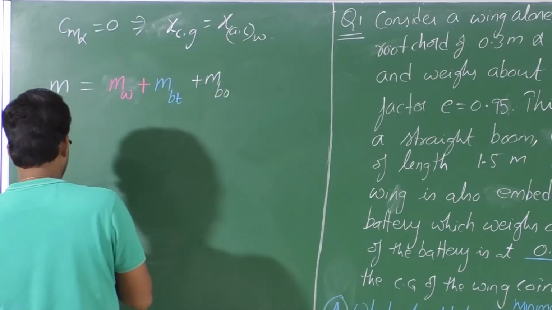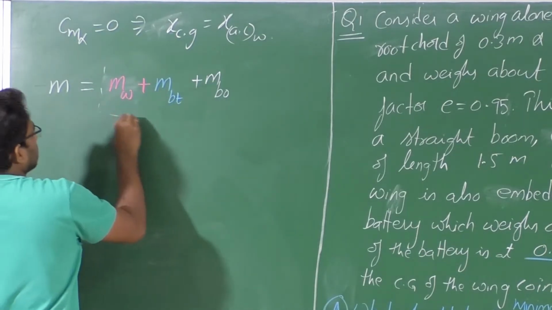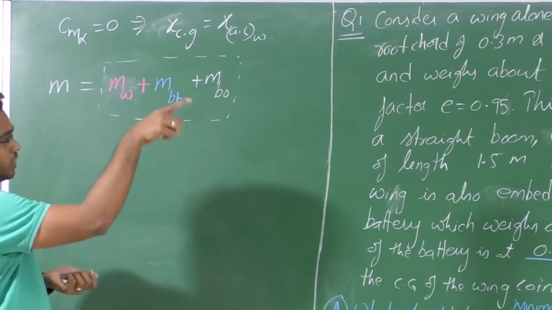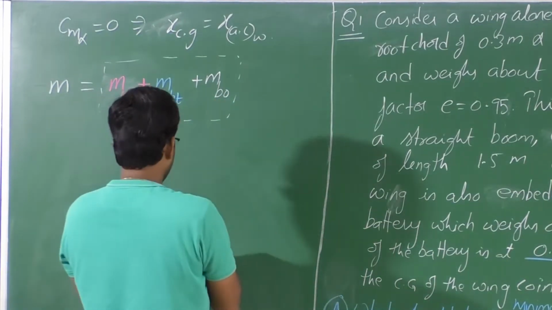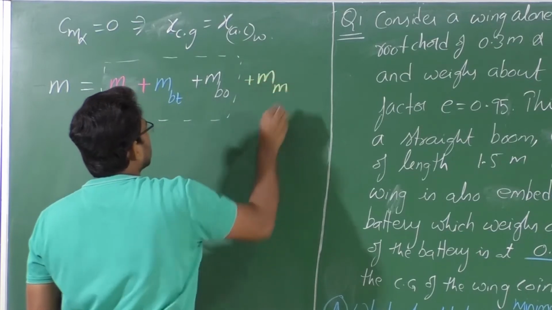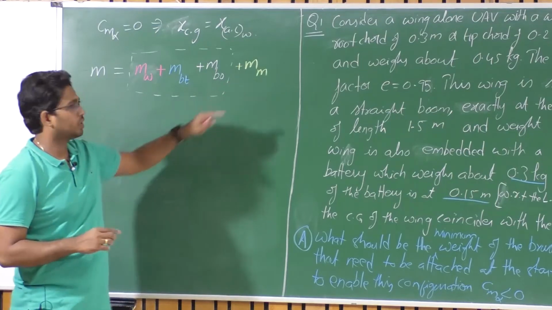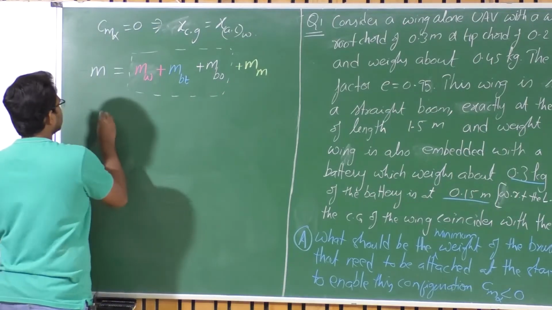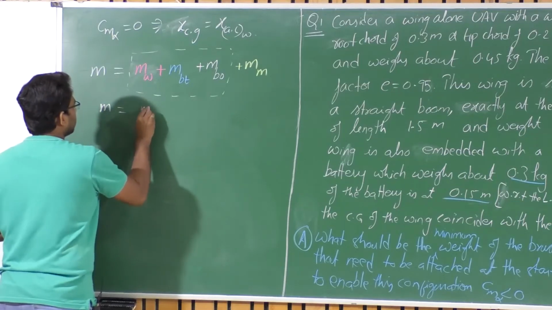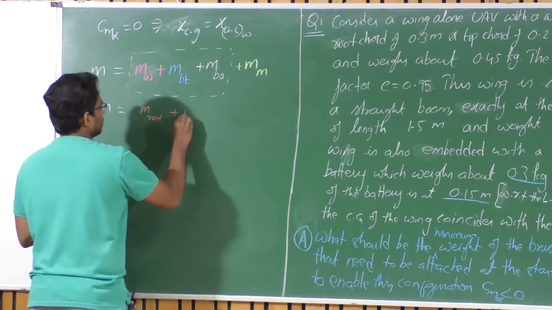We call this particular expression M of rest, which is why we used rest. In addition to it, we are adding a motor, mass of motor, which we need to find. So the total mass of the aircraft is mass of rest plus mass of motor.